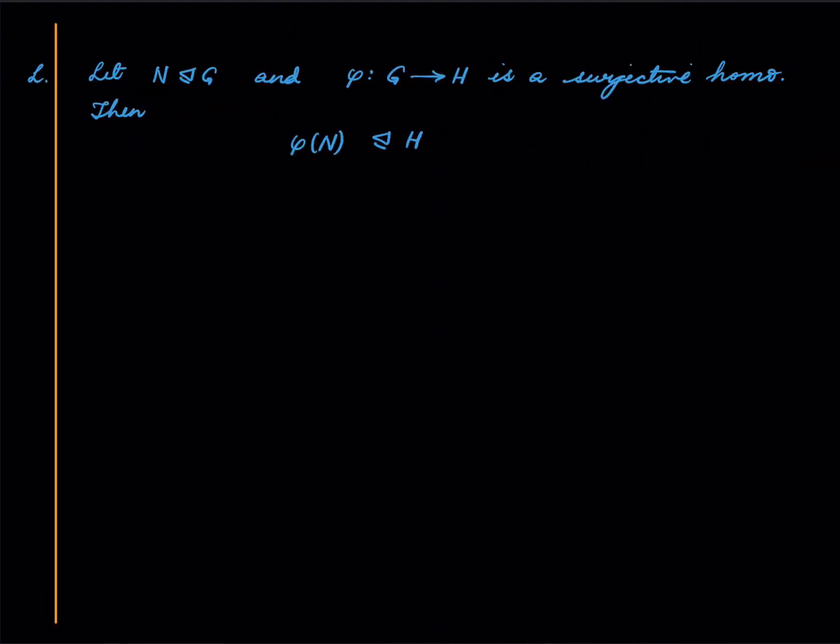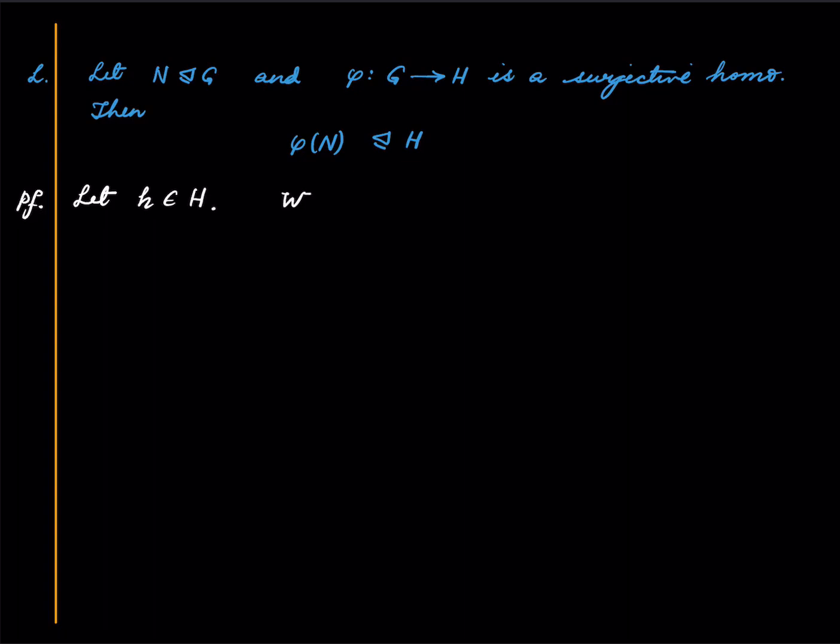All right, so this says that the image of a normal subgroup under a surjective group homomorphism, so this is important, is also a normal subgroup. So how do we do it? Anyway, let me do it in a pedestrian way. So let little h in capital H be fixed.